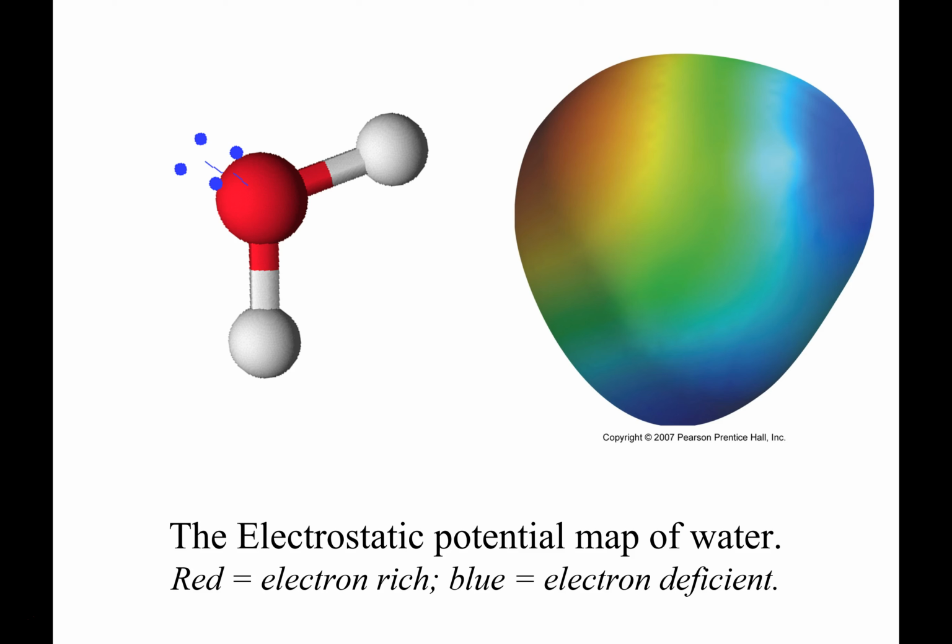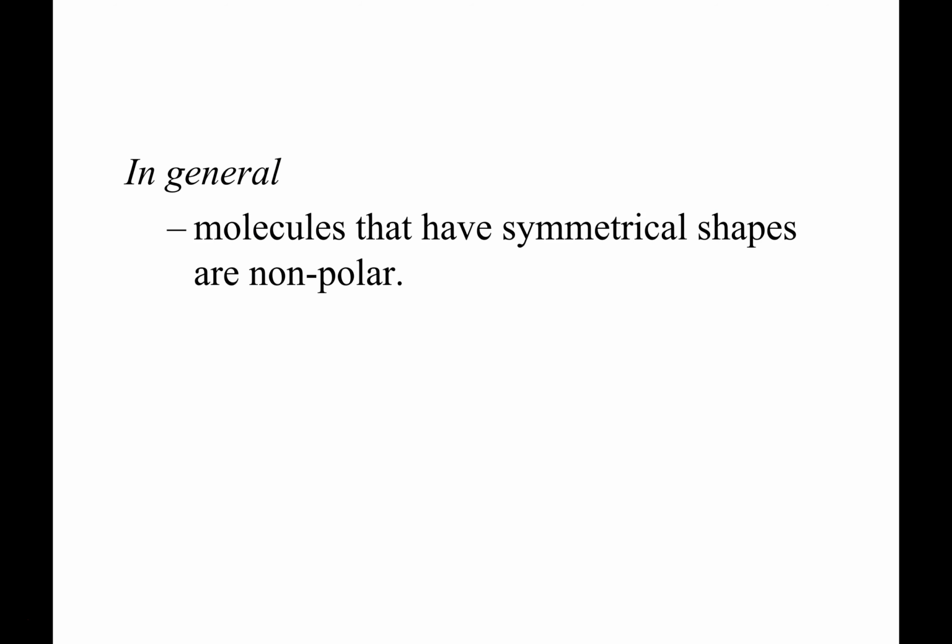I think we looked at these the other day. This is like an electrostatic potential map where this is the partial negativeness and this is partial positiveness, kind of showing you the individual electron cloud. So in general, molecules that are symmetrical, their centers coincide.